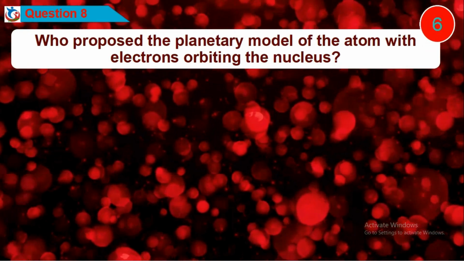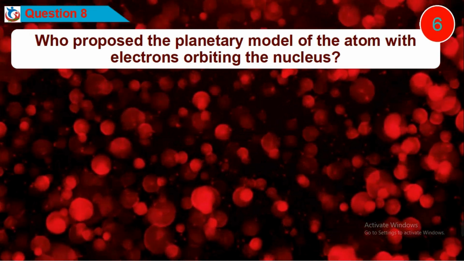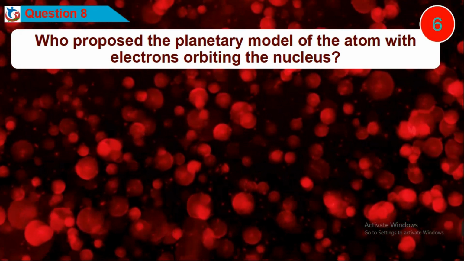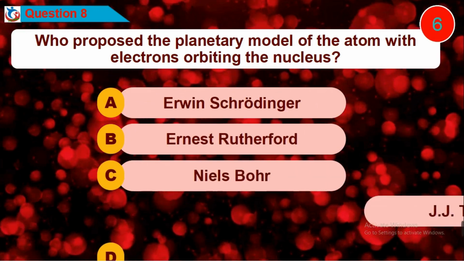Question 8. Who proposed the planetary model of the atom with electrons orbiting the nucleus? Is it option A, B, C, or D?